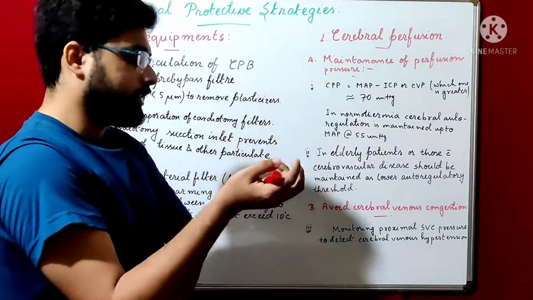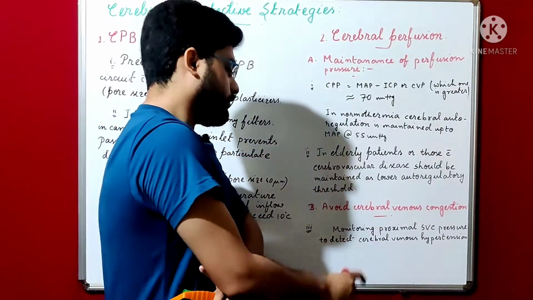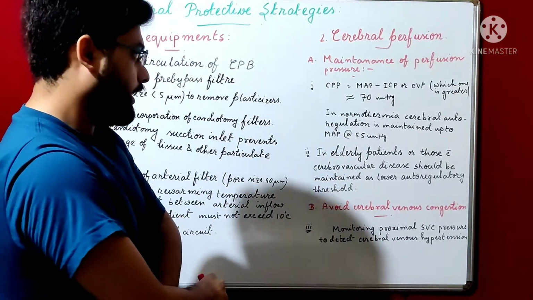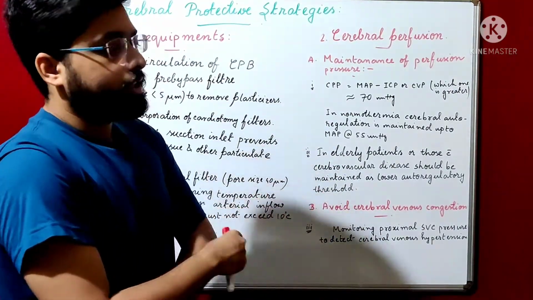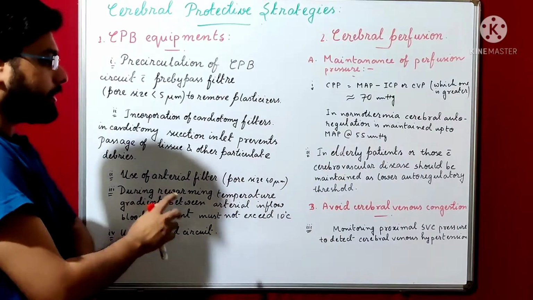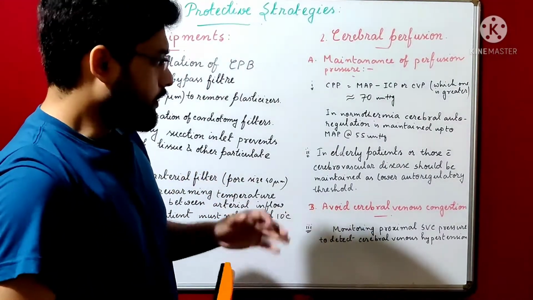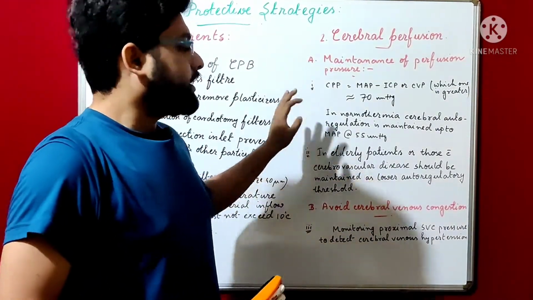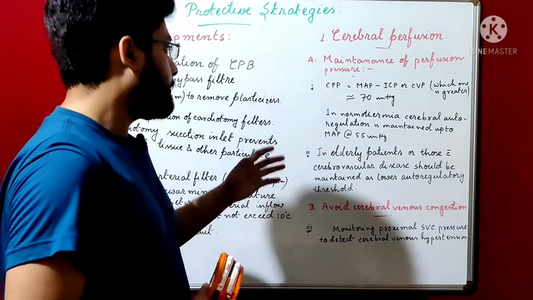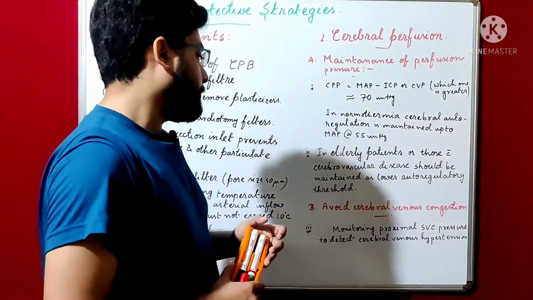So those patients should be managed more conservatively. Their mean arterial pressure during cardiopulmonary bypass should be more strictly maintained to prevent cerebral hypoperfusion.